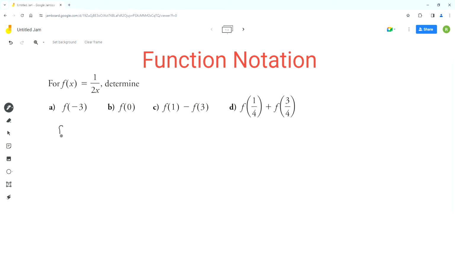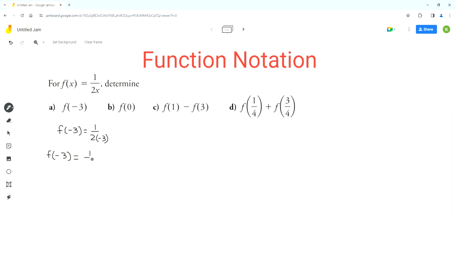So we get f at negative 3. We replace x with negative 3 on both sides of this function. So we get 1 over 2 times negative 3. Now we can simplify it. So f at negative 3 is equal to, here in the denominator, we should multiply 2 and negative 3.